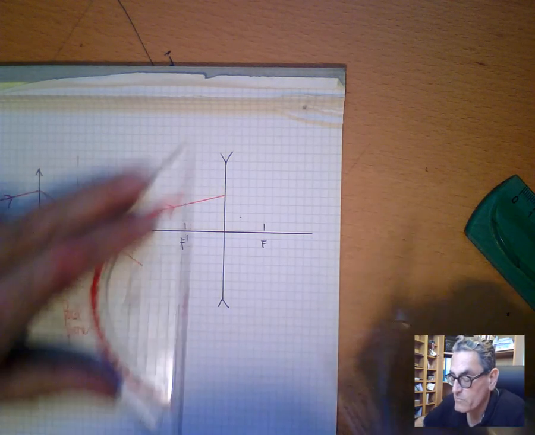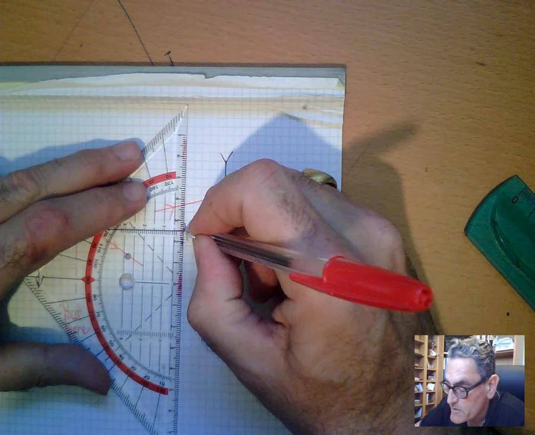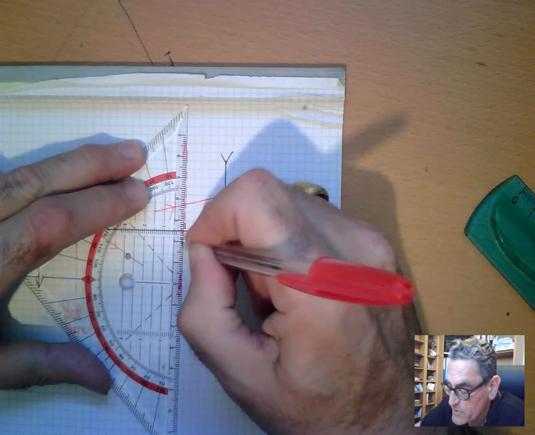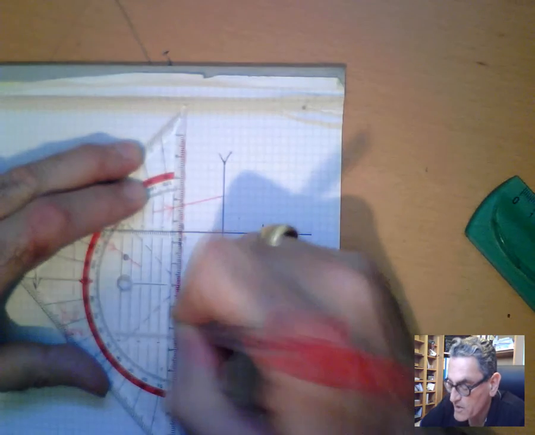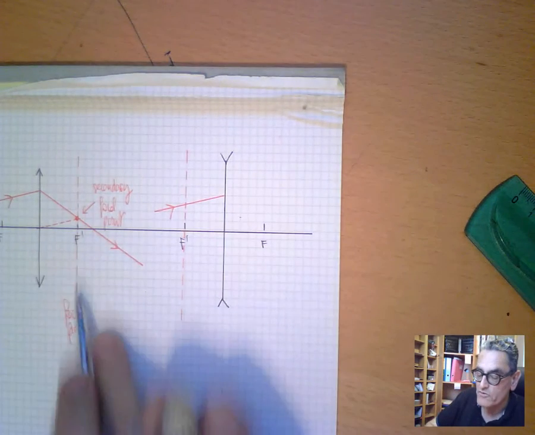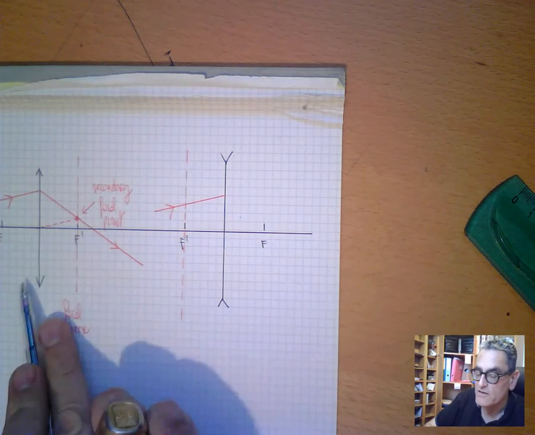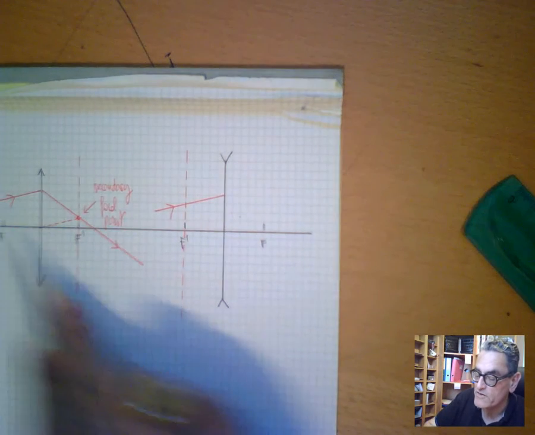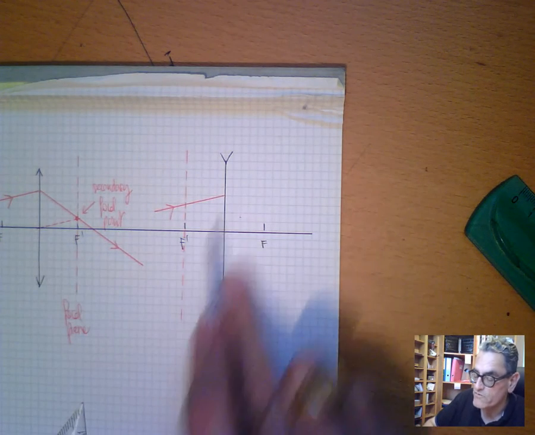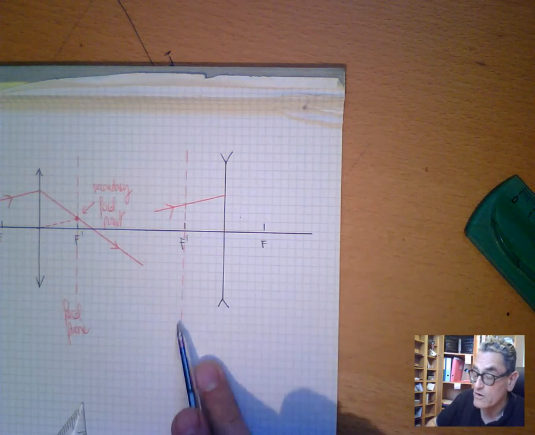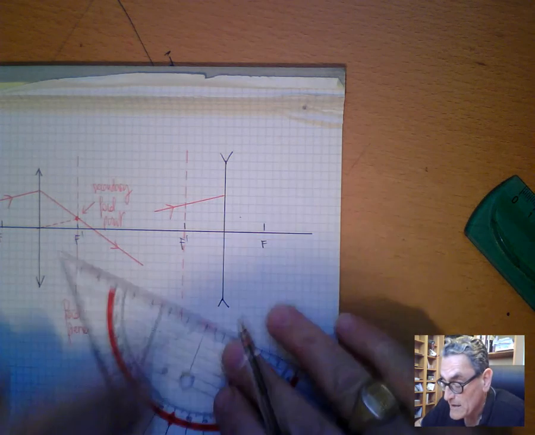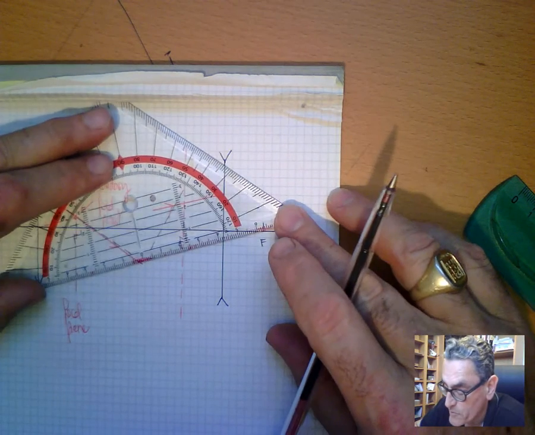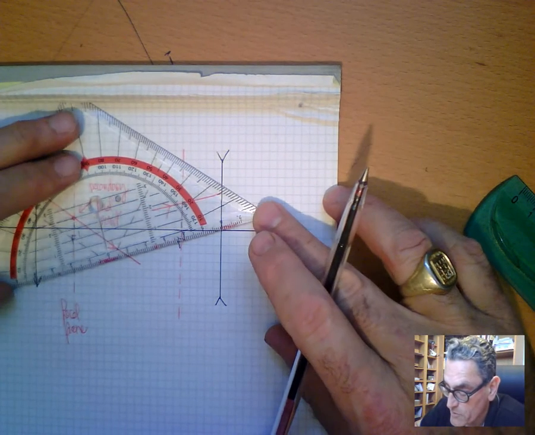We do it by tracing the focal plane, but on the other side of the lens. For a convergent lens we were doing that on the right side of the lens if the light ray arrives from the left. But here the light ray arrives from the left, and we do this construction on the left, and then on top of that we draw a parallel to this incoming ray.